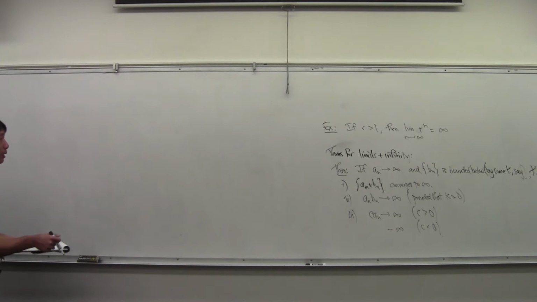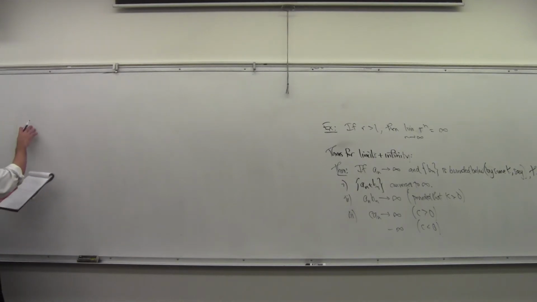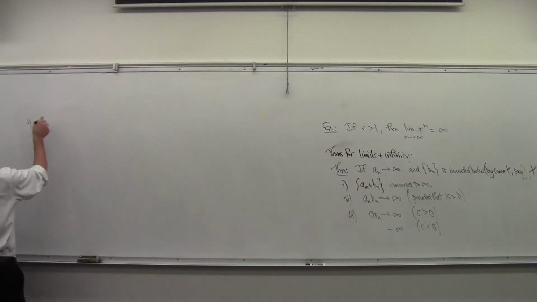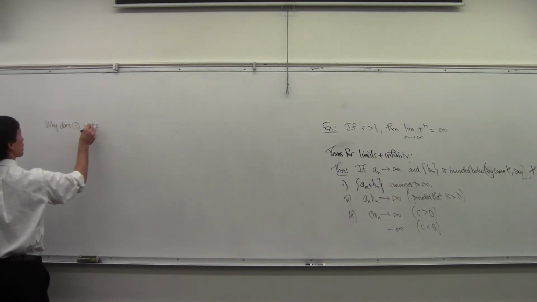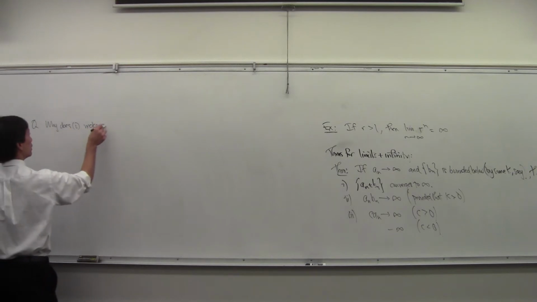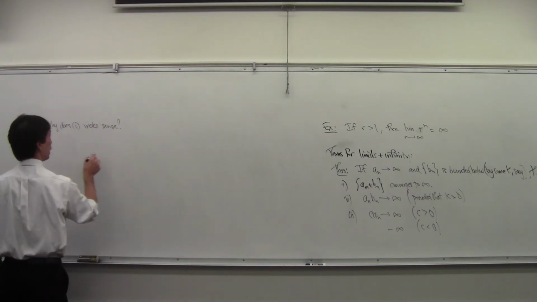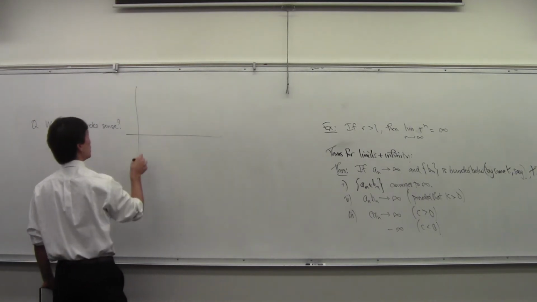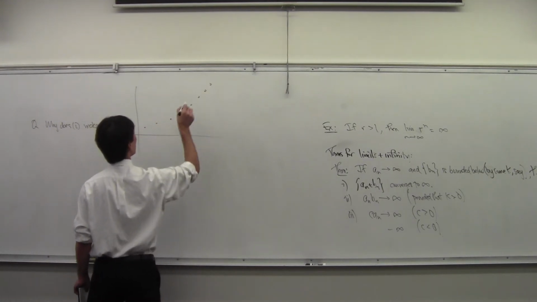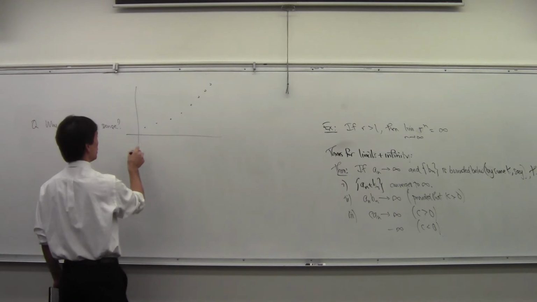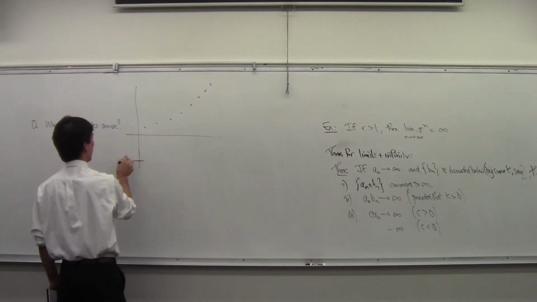Okay, so we're only going to prove the first one. Let's think about why that makes sense. Why does number 1 make sense? You have two sequences, one of which goes off to infinity, and you have another that's bounded below by some k.